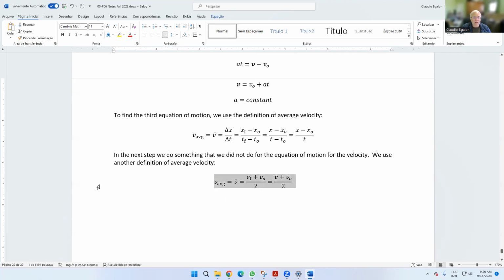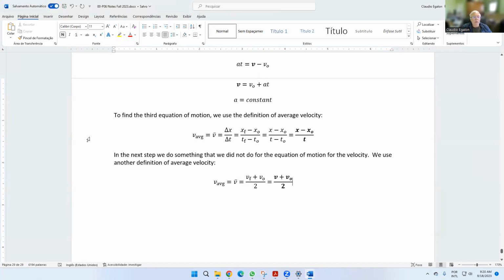With this definition, we can make this term equal to this term. I'm going to emphasize that. It's a little mathematical trick that we do in physics, a very useful mathematical trick.